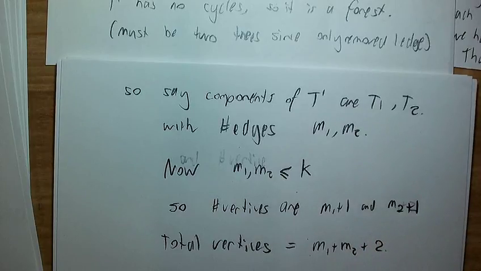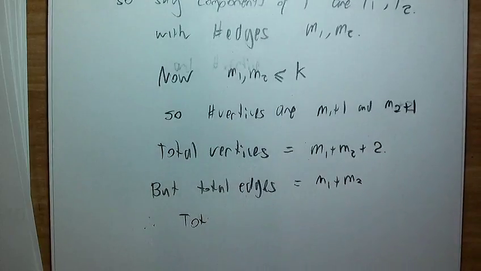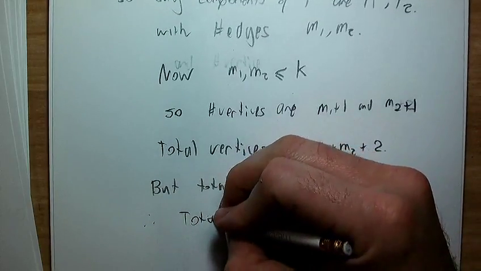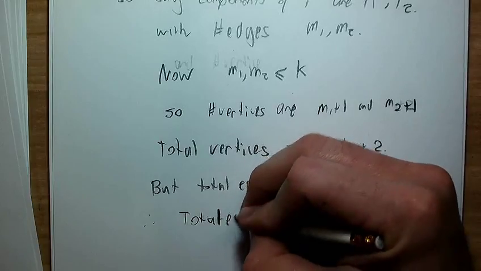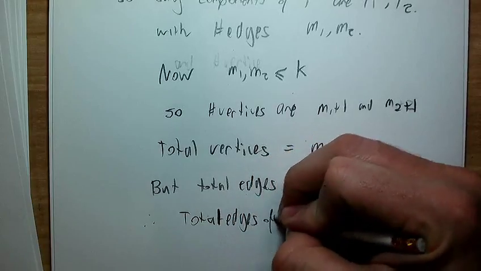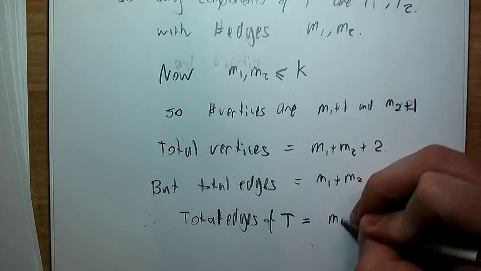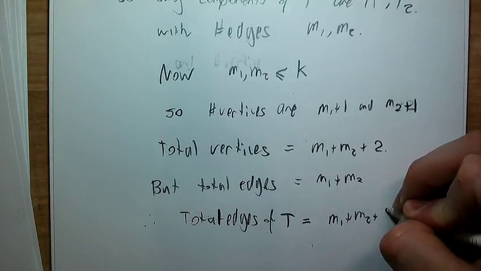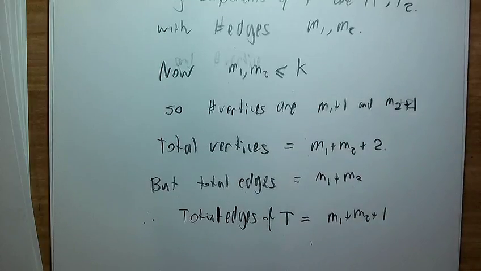The total edges of T' is M1 plus M2, therefore total edges of T must be M1 plus M2 plus 1, because we removed an edge.